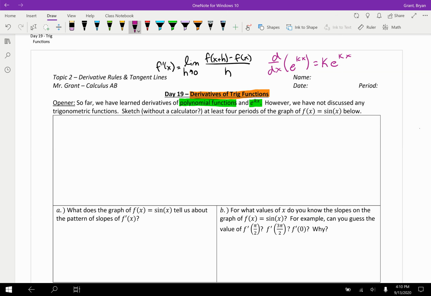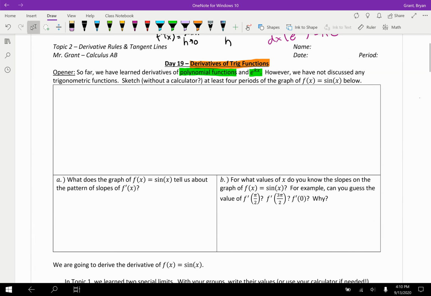Now, go ahead and fill in the following things. First, please sketch at least 4 periods of the graph of sine, preferably without a calculator, but if you need one, that's fine. And then think about what the graph of sine of x is going to tell us about the patterns of slopes for f prime, because of course whatever equation f prime ends up being has to explain or describe the slopes of sine.